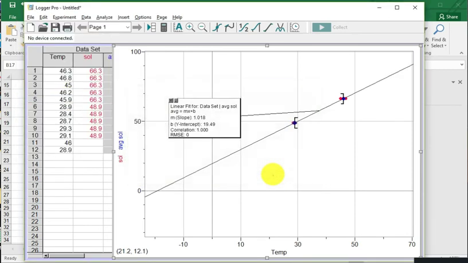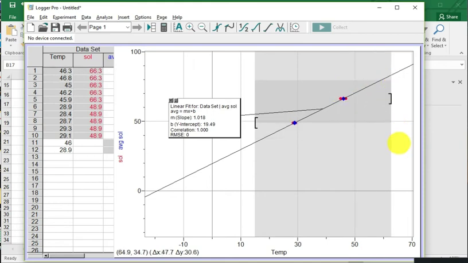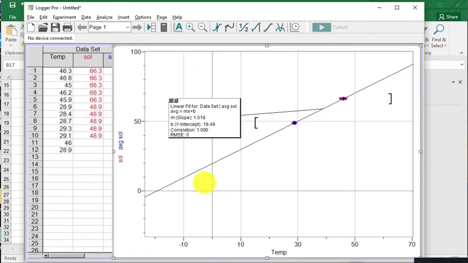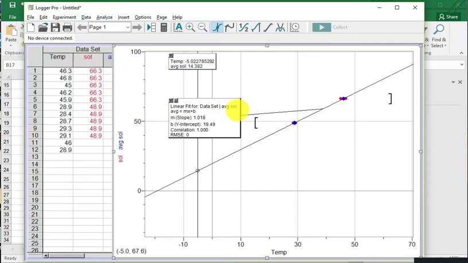I'm going to use the average for the linear fit, and I'm going to pull these out of the way since there's no data points. And so I can see this well. I can use this Analyze, Examine, and Interpolate feature to really now be able to find points on this line. And so I don't have to worry about having really tight grids, because this up here is telling me exactly what the temperature and the solubility is.